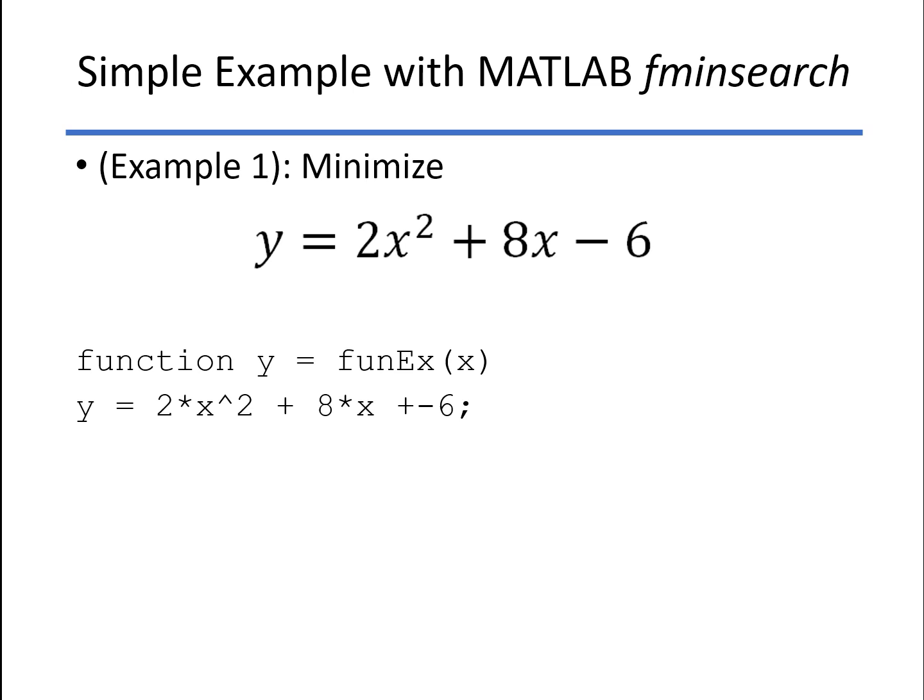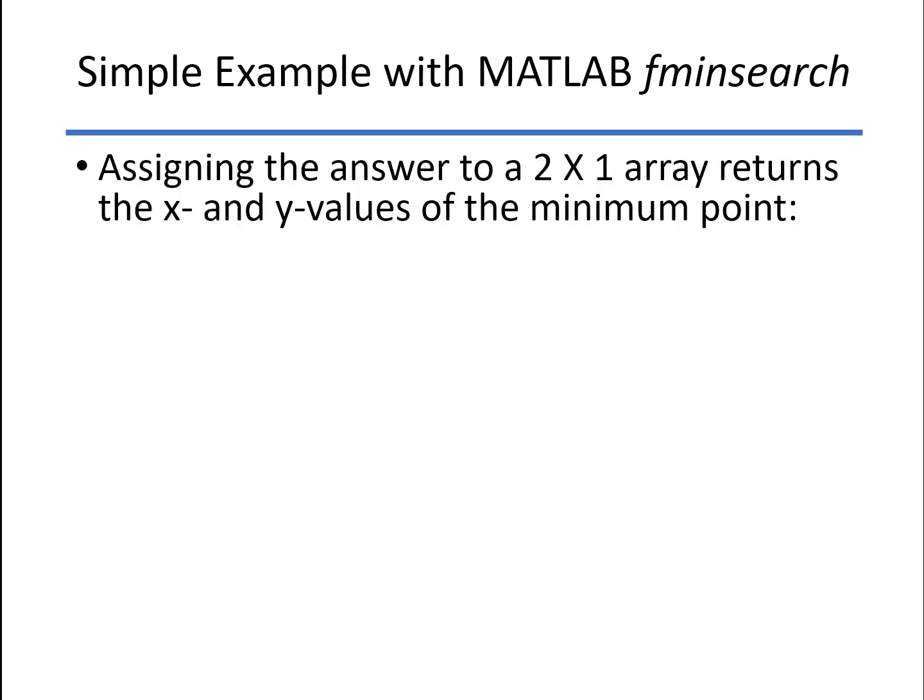So from the MATLAB command line, what we would run would be fminsearch, and in parentheses, the arguments would be the function name, beginning with the at sign, and then a guess value. So we just arbitrarily chose 10 as the guess value, and you see what our answer is, -2, which we found earlier.